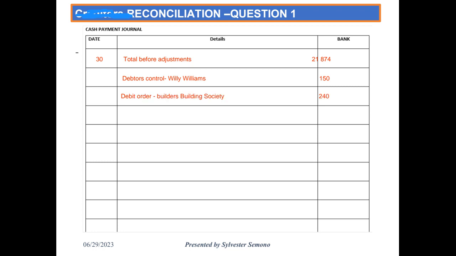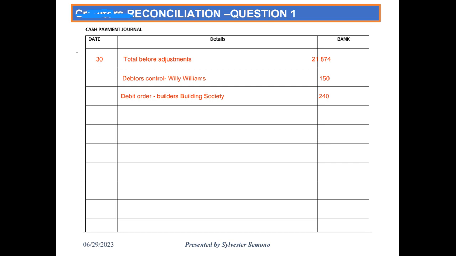Can you see now? This is how we do it. If they ask you for the general journal, you need to apply the rules of the accounting equation. In the general journal, you don't record the totals, like I said.